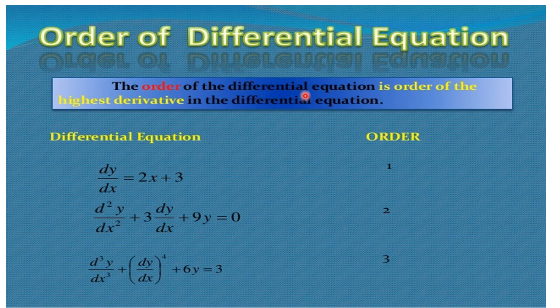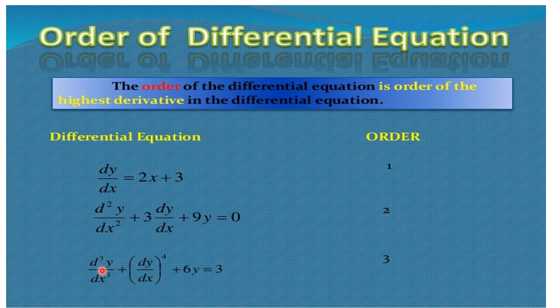The order of a differential equation is the order of the highest derivative in the differential equation. See, we have the same examples over here. This was the first differential equation. Here we have order 1. Whereas this is the second differential equation, the highest order is 2, so the order of the differential equation will be 2.